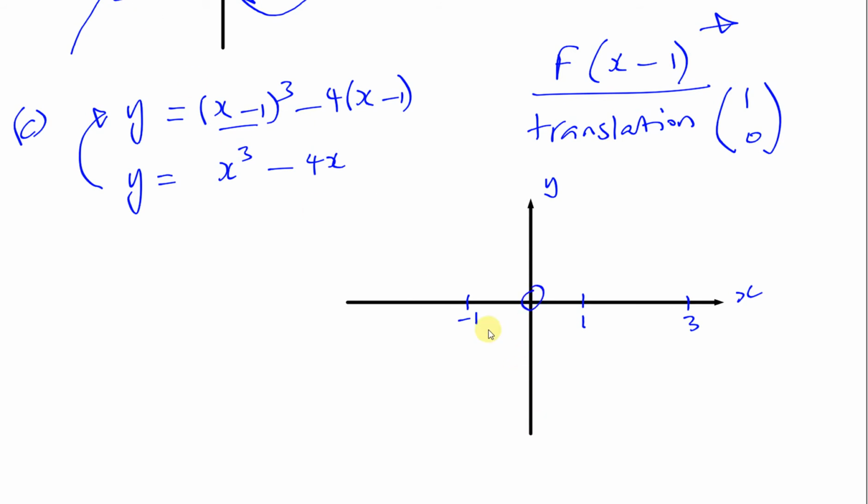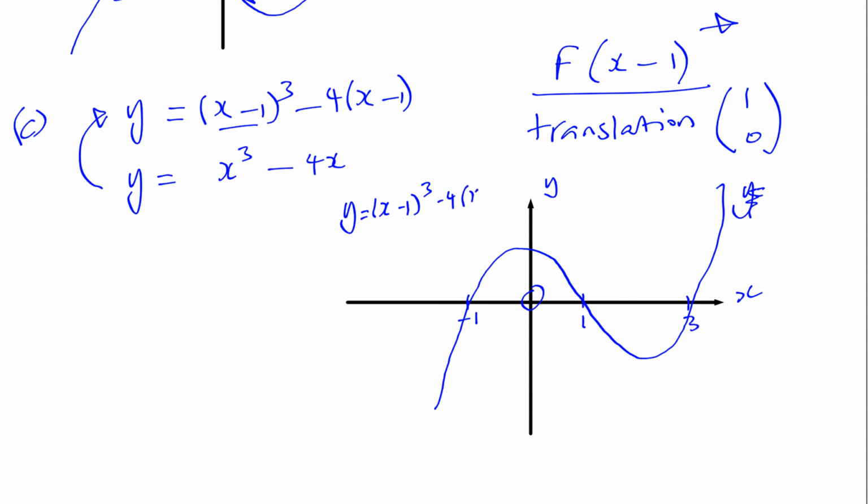This will have the same shape exactly. It's just shifted across one space to the right. So it's going to go up and down and then back up through 3. Something like that. That's y equals (x minus 1) cubed minus 4 times (x minus 1).